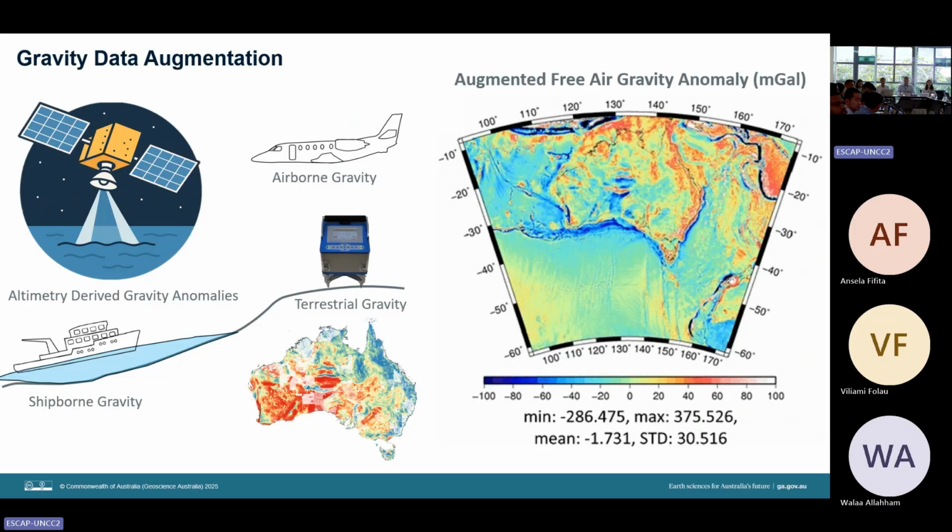An example grid of gridded gravity anomalies is shown there on the right. We have a seamless grid of data from altimetry derived anomalies and the terrestrial onshore. And future versions of this map are going to include some airborne gravity data sets that have been collected over Victoria, New South Wales, and a targeted region over South Australia.